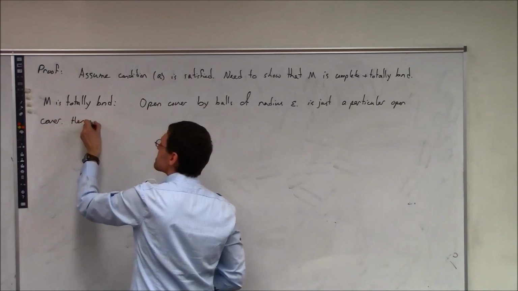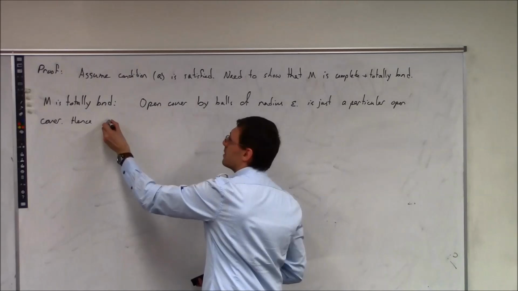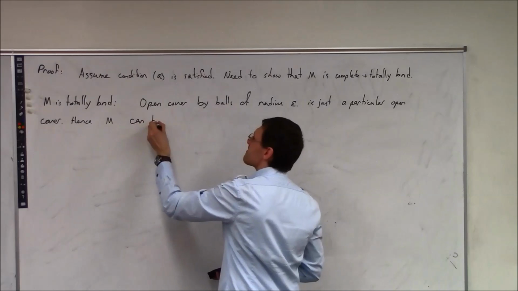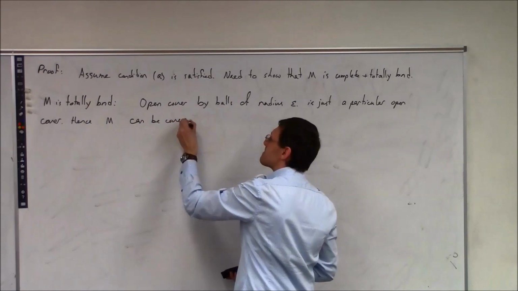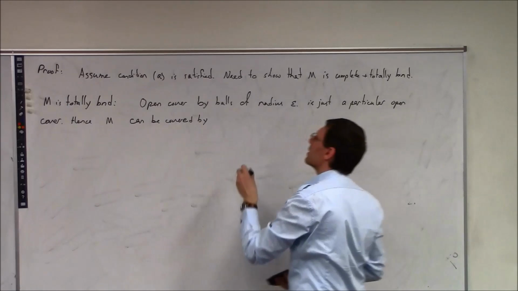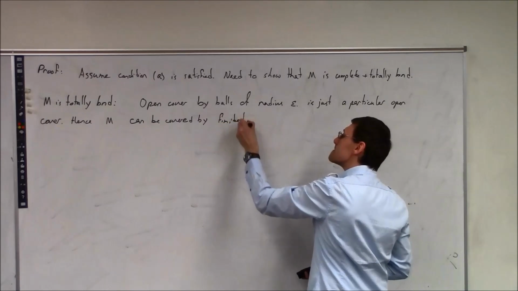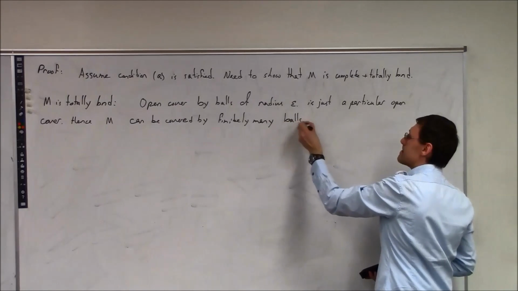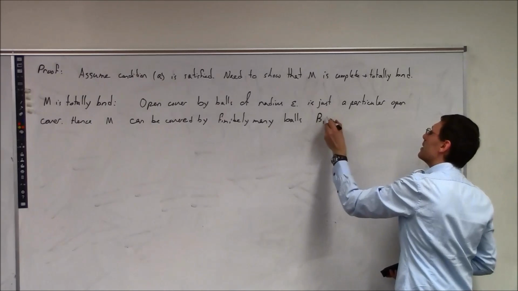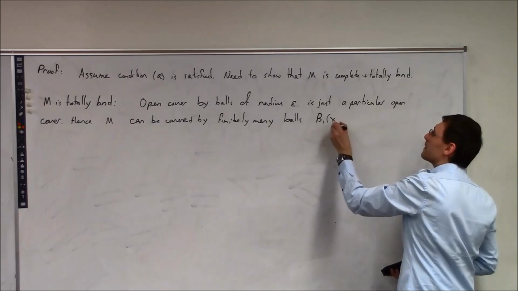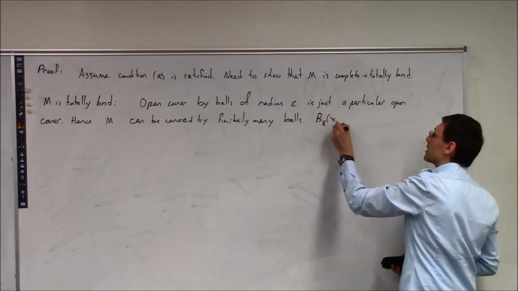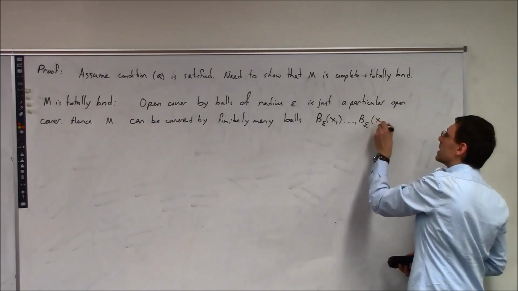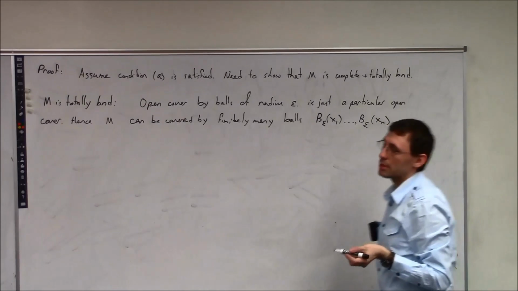Hence, it has a finite subcover, and that means that M can be covered by finitely many balls V of epsilon of x1, through V of epsilon of xn. Okay, so it's totally bounded.